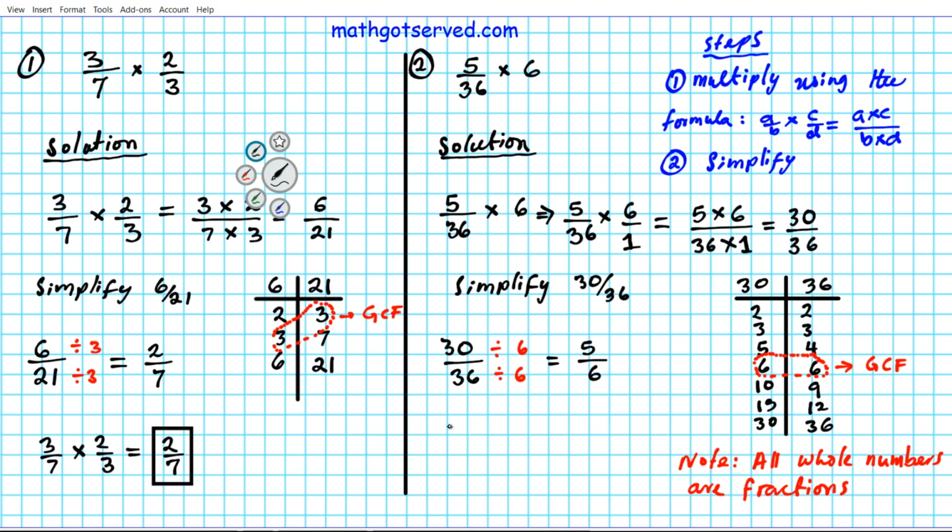There goes your final answer. So 5 over 36 times 6 is equal to 5 over 6. There goes your answer. All right, we're going to do one more practice problem and then give you some problems to try out.